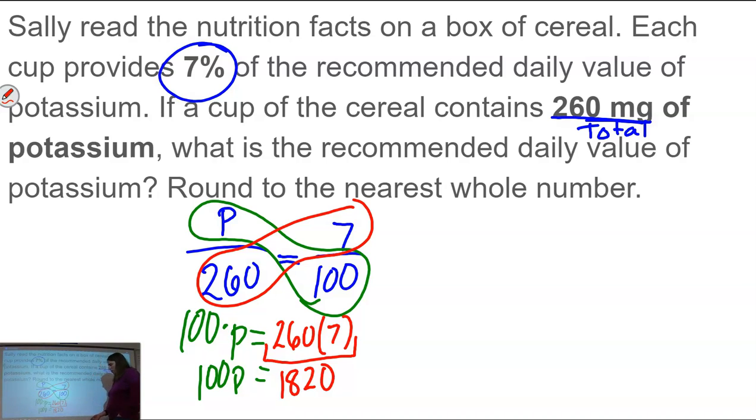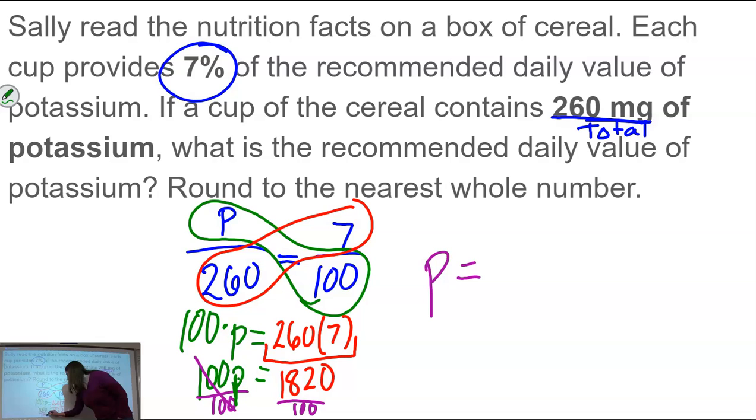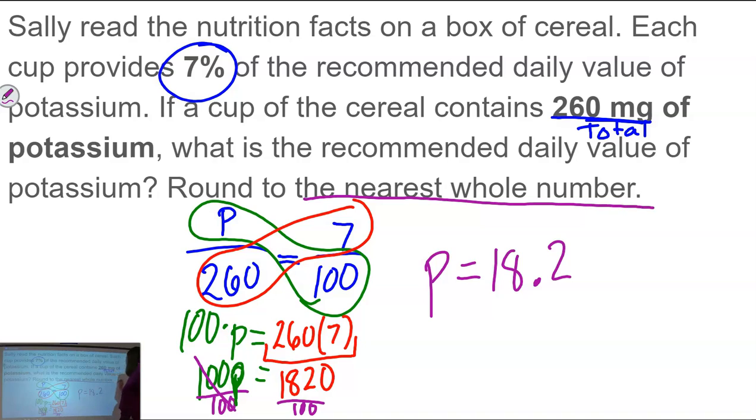So I need to solve for P, so that means I would divide by 100 on both sides. So I get P equals, 100P. I thought that said 1,000 for a second. Let me make this a P. Okay. And then I get 18.2. Now it did say round to the nearest whole number, so then that would be 18.